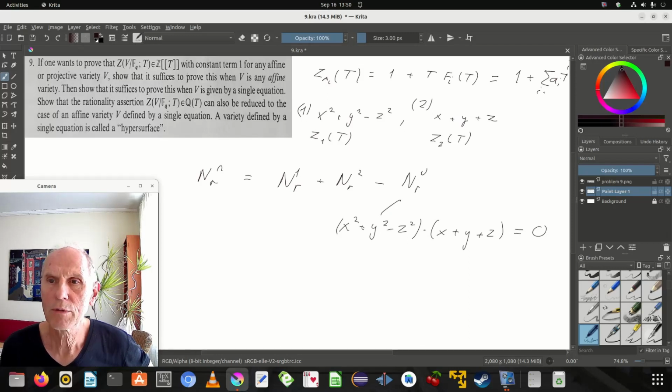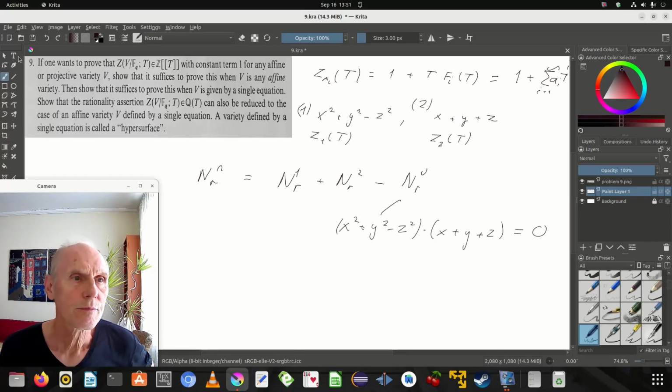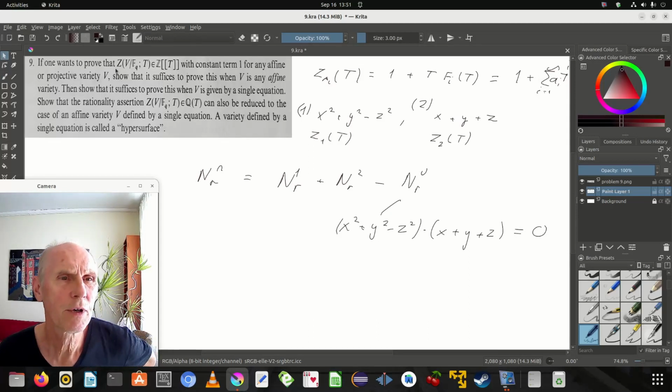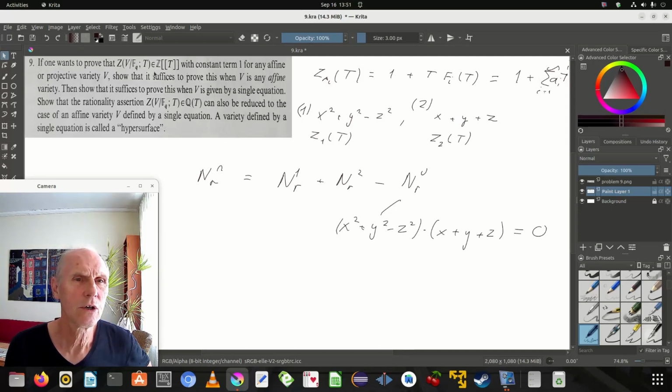T to the ith, where we start with 1. And now we're talking about any projective variety. We know that it has a finite radius of convergence, but that's not relevant here. We should prove that if this holds for any affine variety, then it will hold for a projective one as well.